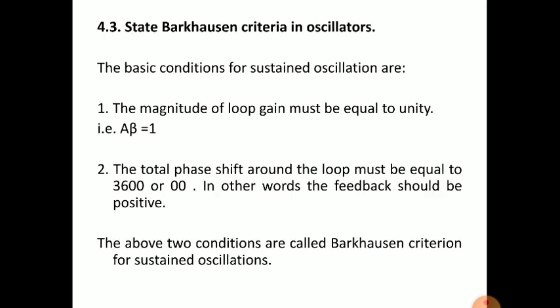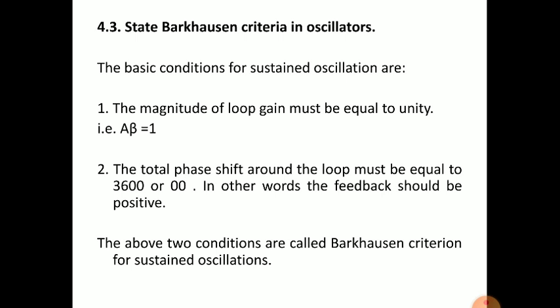Now these two conditions, whatever we have seen in the earlier slides, that is the basic condition for sustained oscillation, that is A beta is equal to 1, right? Those conditions are called Barkhausen criteria.